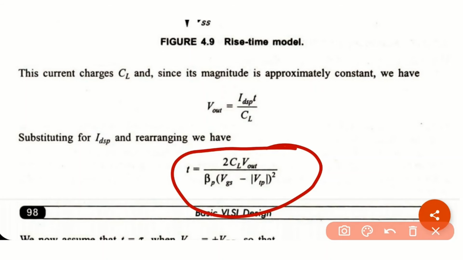Try to do these calculations in your notebooks. Clear?